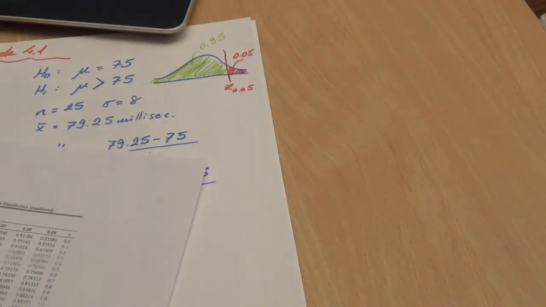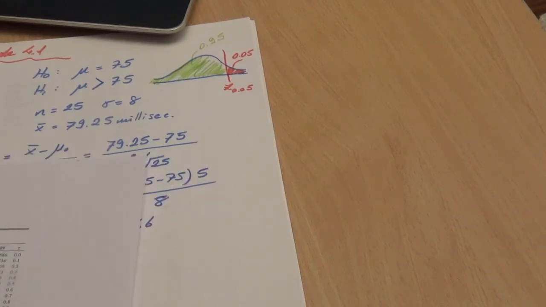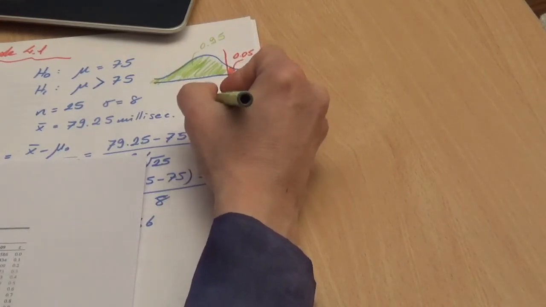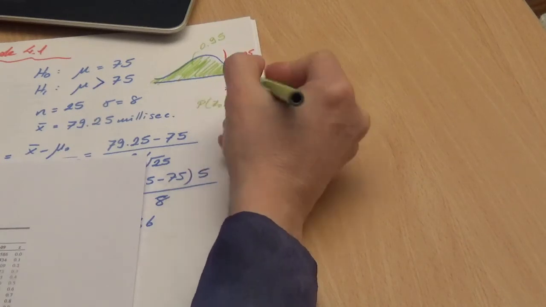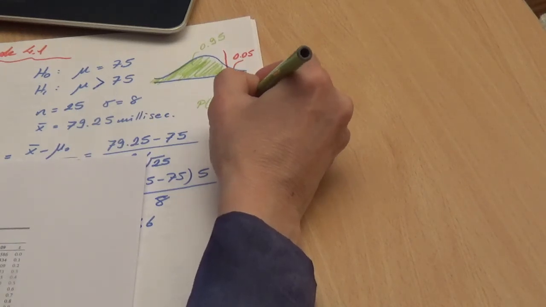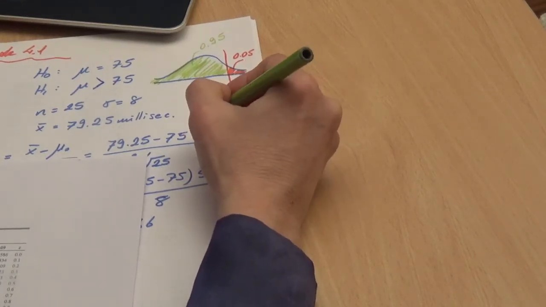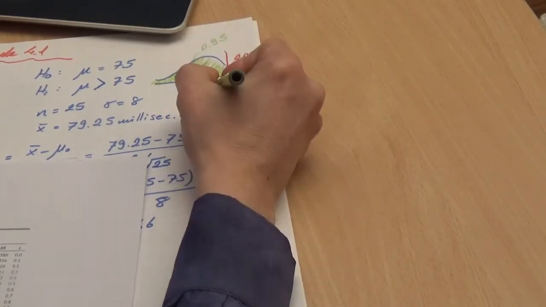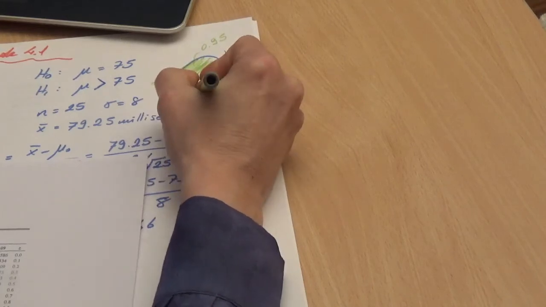In the class we found that 0.95 was 1.6. So the probability that z is greater than that, is equal to, no, we are finding the z value, sorry. So the z value is 1.645.